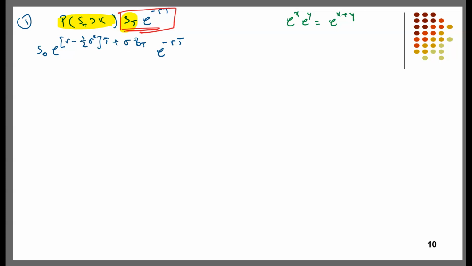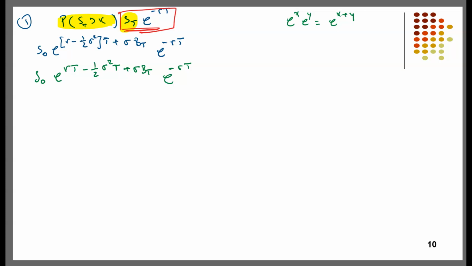Let's do that. So that's S0, we have the exponential of, now let's get rid of the brackets, RT minus 1/2 of sigma squared T, and then plus sigma BT, and then we have the exponential of minus RT.